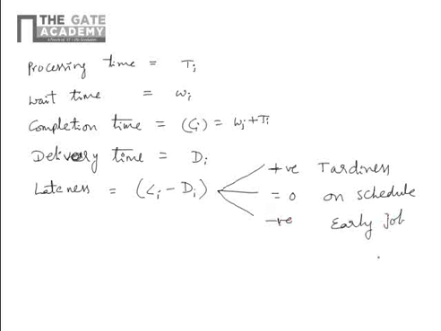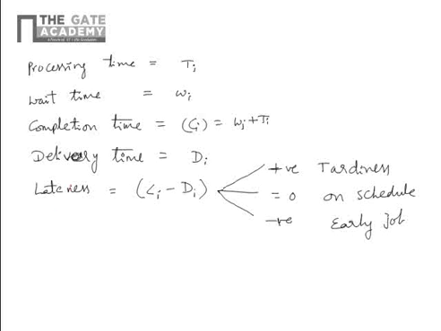If the completion time and delivery time are both the same, you are delivering on time. If positive, you are delivering late, that means tardiness. If it is negative, you are delivering early. So these are tardiness or lateness.